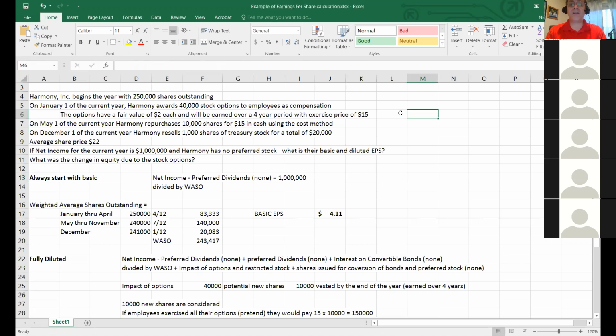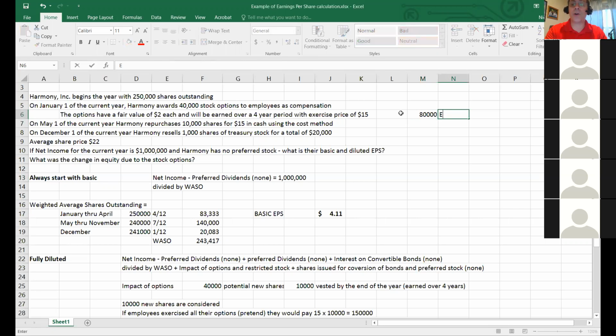So when this is agreed to on January 1, we have 40,000 options. And each one of them, we always are going to look at this at fair value at $2. Notice that we're not using the exercise price. We're using the fair value. That means the compensation that we're dealing with is $80,000.